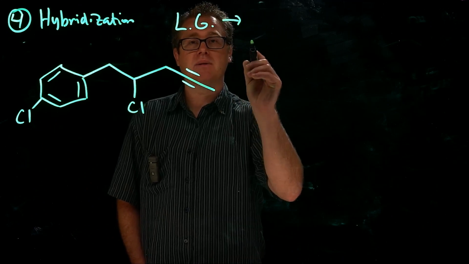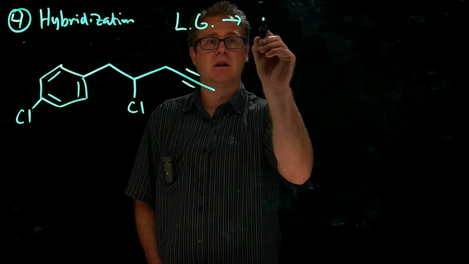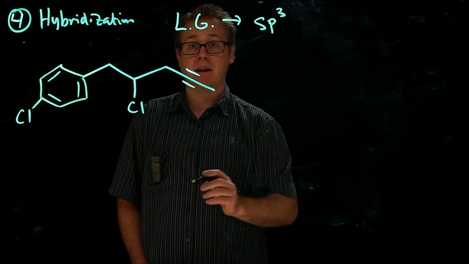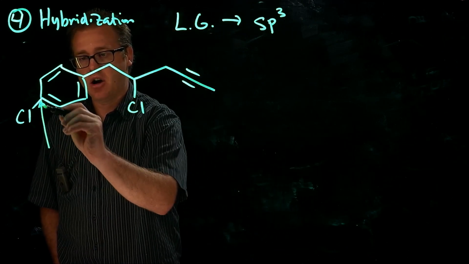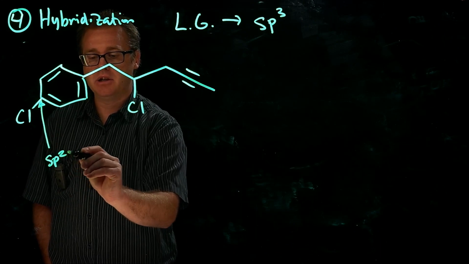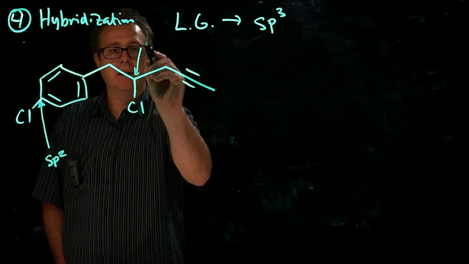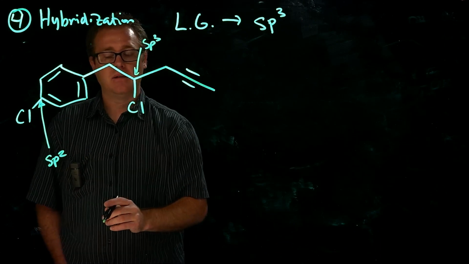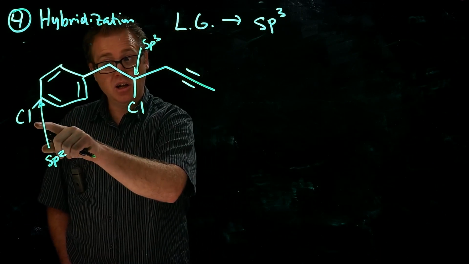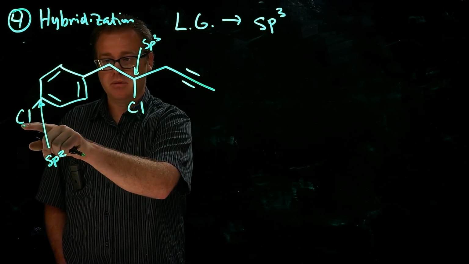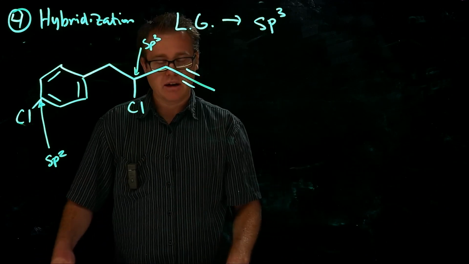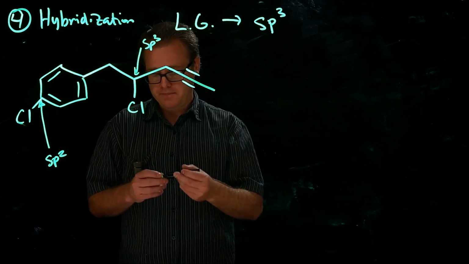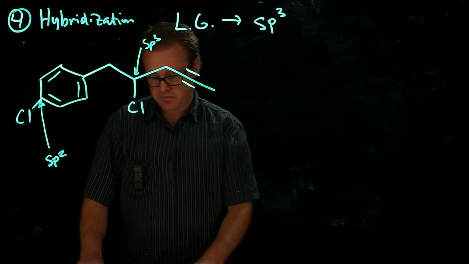Those good leaving groups have to be attached to an sp3 hybridized carbon. And so we see the hybridization state of that carbon is sp2, and that one is sp3. So this is not a good leaving group because it's attached to sp2. So in that particular molecule, there's only 1 good leaving group.